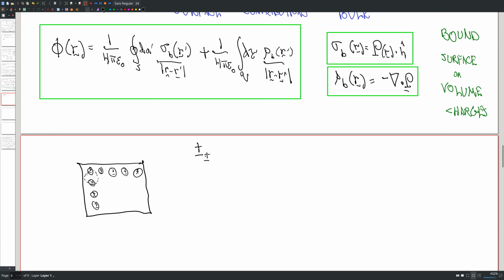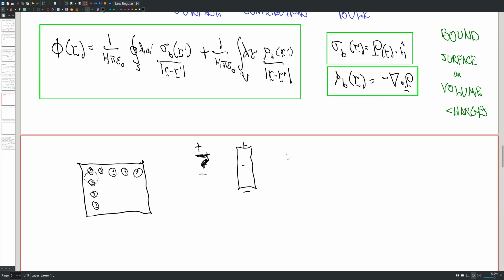I'm doing a big tower of dipoles. All the things in the middle cancel, and I'm left with an equivalent thing which has zero charge in the middle, a plus charge on the upper surface, and a negative charge on the lower surface.